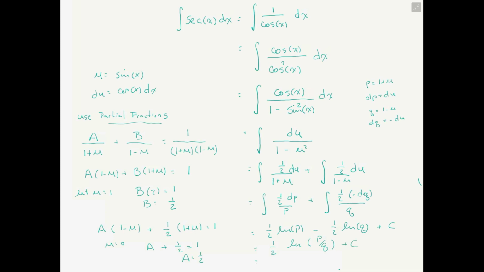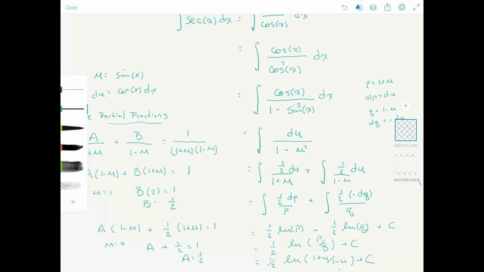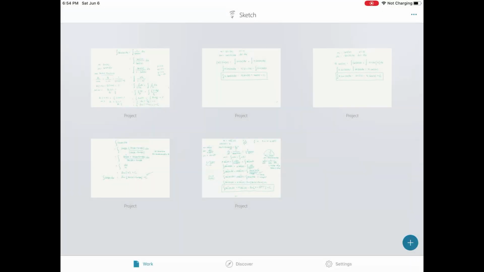So we go back to u. First off, we recognize the logarithm identity where the difference between two logarithms is really the division between them, and then we plug in p and the u substitution.